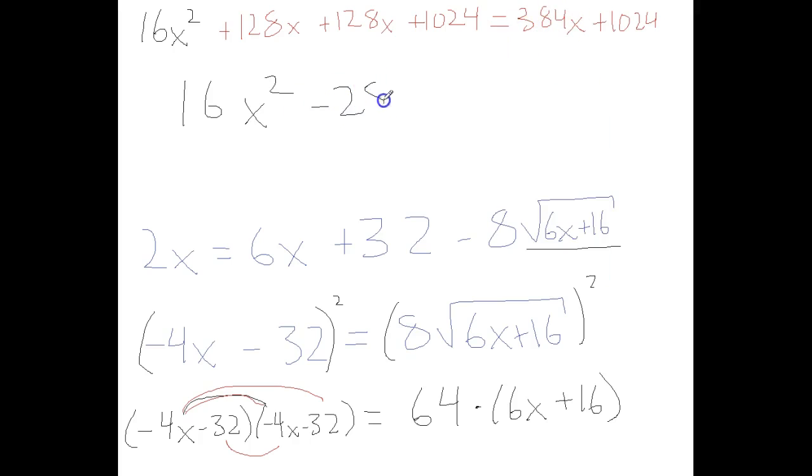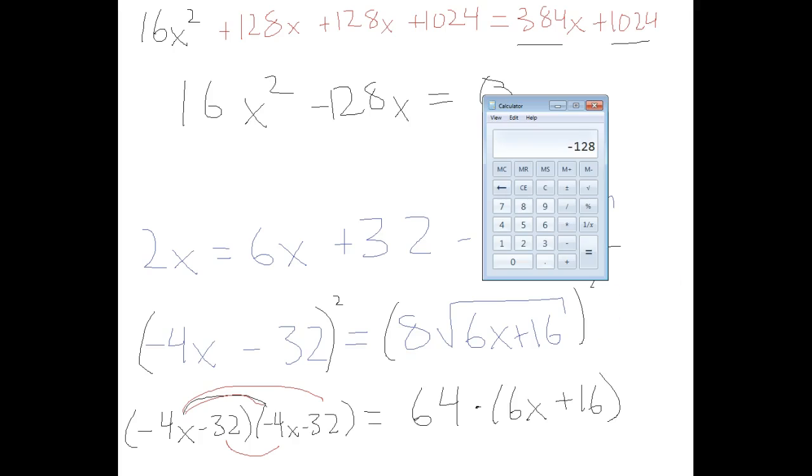So we'll have minus 128x. And then if we minus the 1024s from both sides, they would just be gone on both sides. So our right side now is 0 because we've subtracted both of these terms away, and we've reduced everything on the left. So now we can pull a 16x out from both of those.